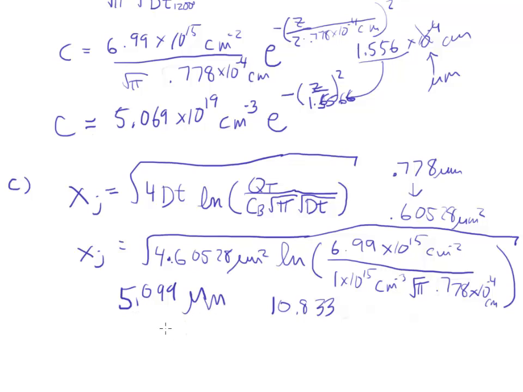If you included more digits, you'll have a slightly different number. And so the actual value of x sub j is that, and the last time I calculated this and included more digits, I got 5.124 microns.